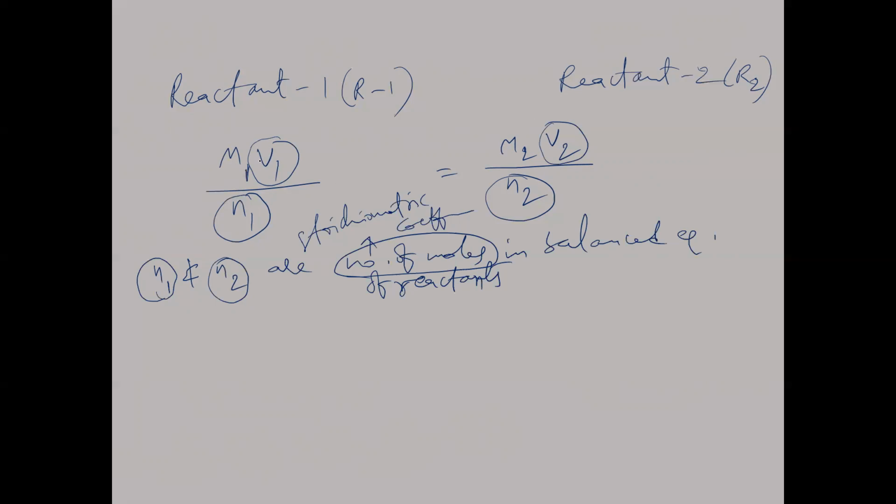If you take V1 in ml, take V2 also in ml. V1 and V2 should be in the same units. Remember this point. The same formula to be used here: M1 V1 by n1 is equal to M2 V2 by n2. This formula we can use.